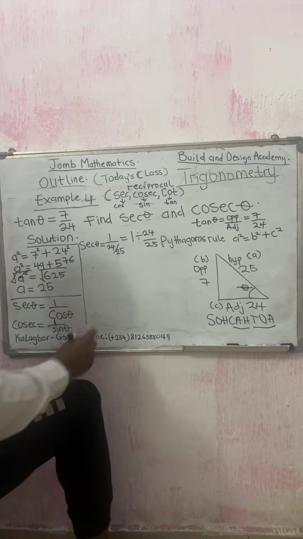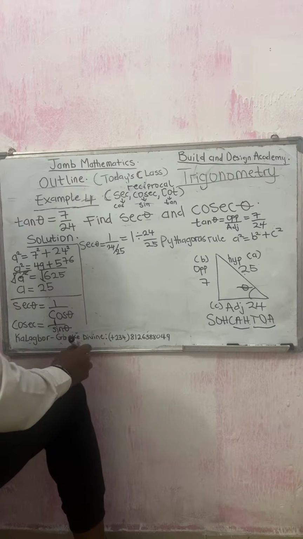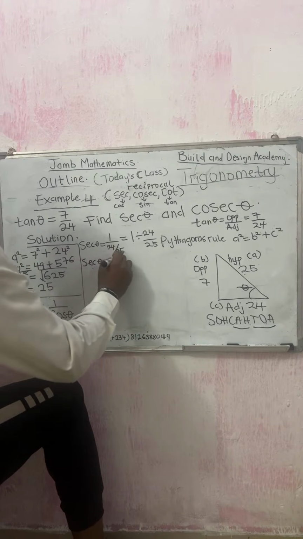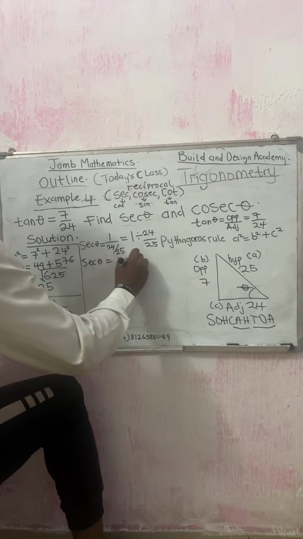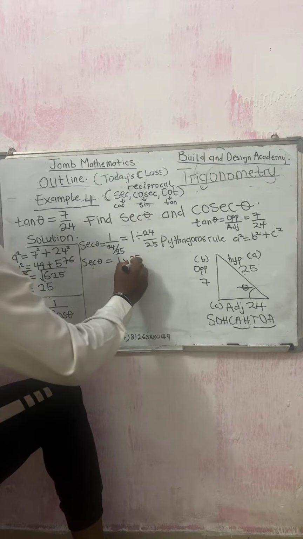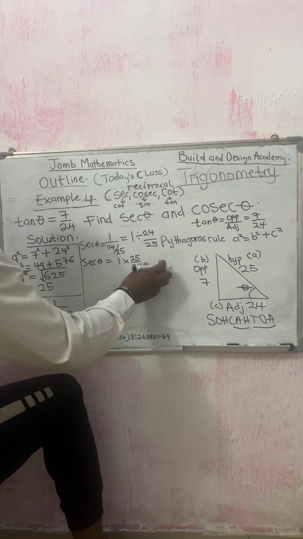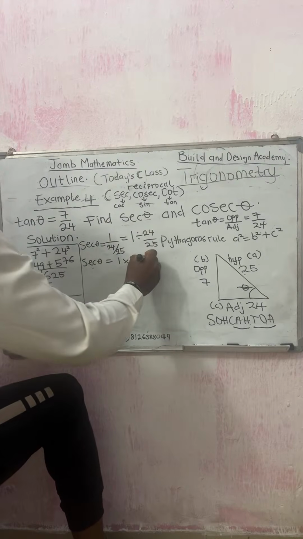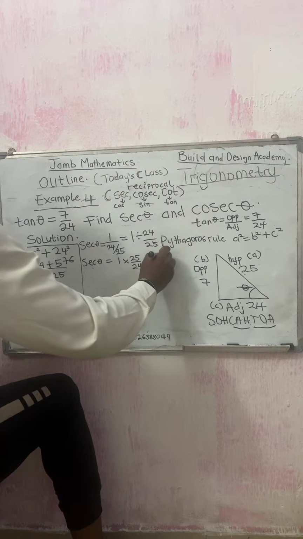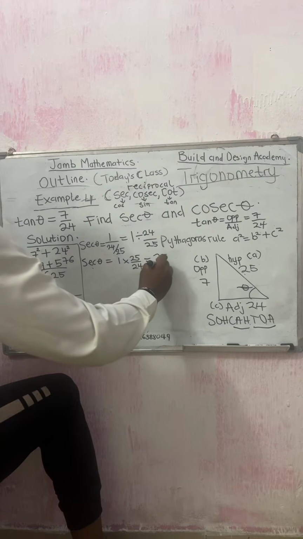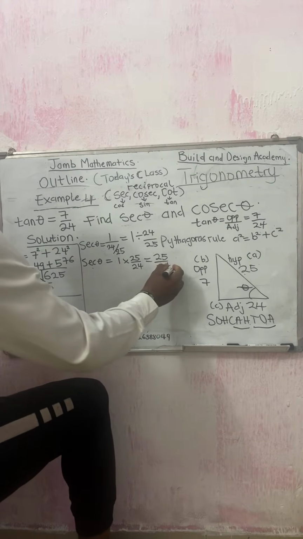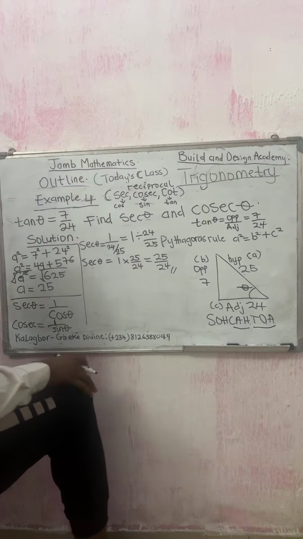Now to eliminate this division, sec theta is equal to 1 times 25 over 24, because we simply flip the values. 1 times any number gives the number, which is 25 over 24. So this is our value for sec theta.